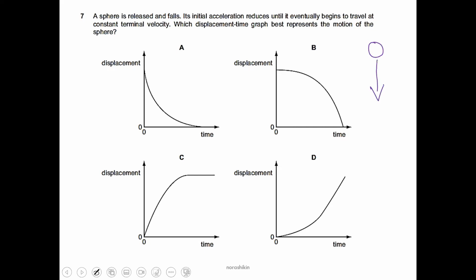When it is falling down, displacement would be increasing. When displacement is increasing, it means the first two sketches A and B are out of question. The other two sketches need a hint.